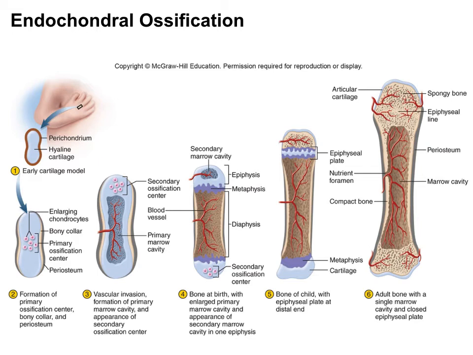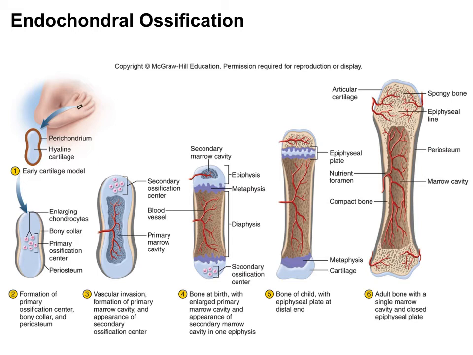Now, at the end of all of this growth, we're going to have this really nice cartilage model, and what we need to do then is convert this cartilage model into bone and form a diaphysis and an epiphysis and a marrow cavity.